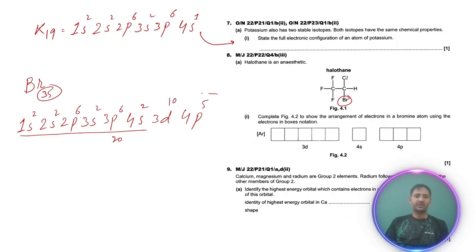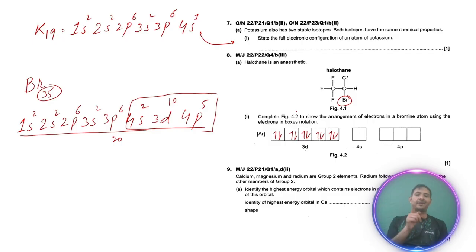So we need to write this configuration: 4s2, 3d10. In 3d, I will write first 1 electron, 2, 3, 4, 5, and still remaining we have 5, so I will write 6, 7, 8, 9, and 10.